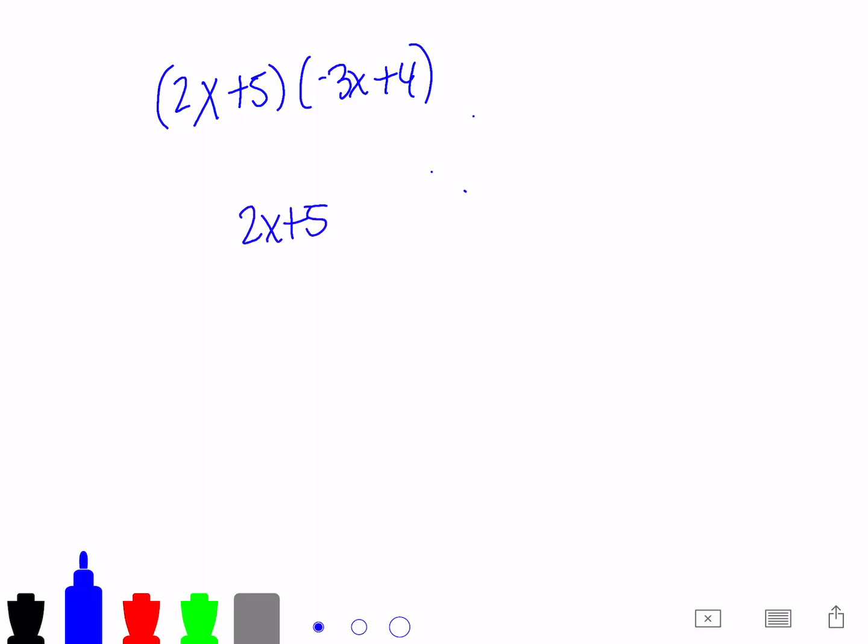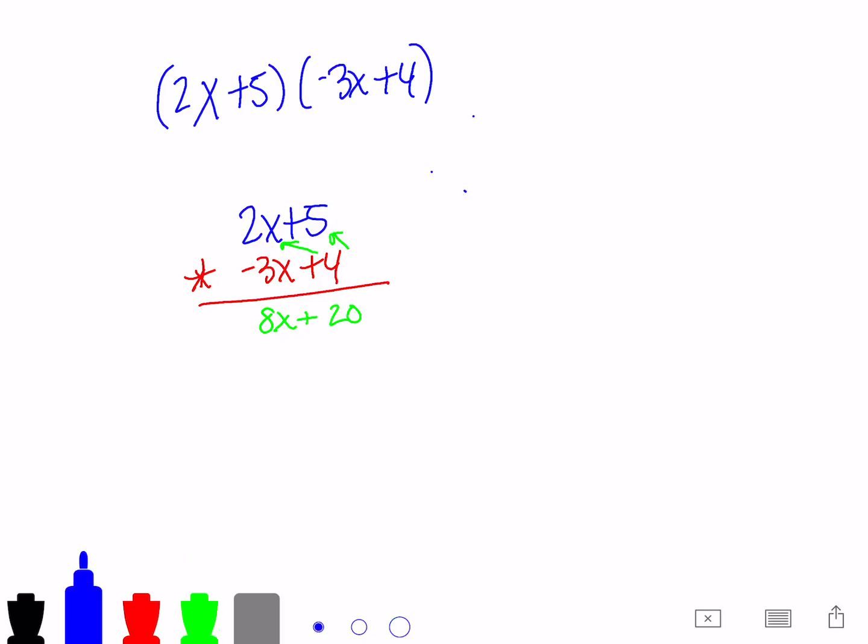Now you do also have the option to do it as a vertical multiplication. So if I give you 2x plus 5 times negative 3x plus 4, we would set it up 2x plus 5, and we're going to multiply negative 3x plus 4, and we do it like we did in elementary school with our larger numbers. So I'm going to do the 5 times the 4, that gives us 20, and then the 4 times the 2x, that gives us 8x.